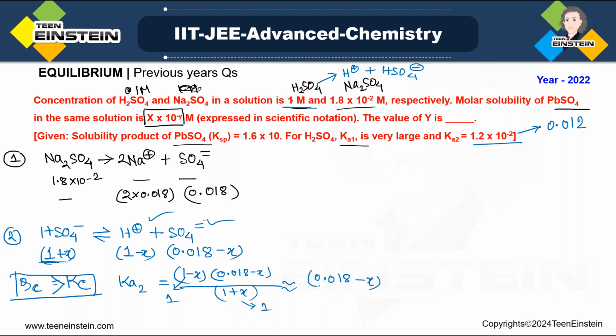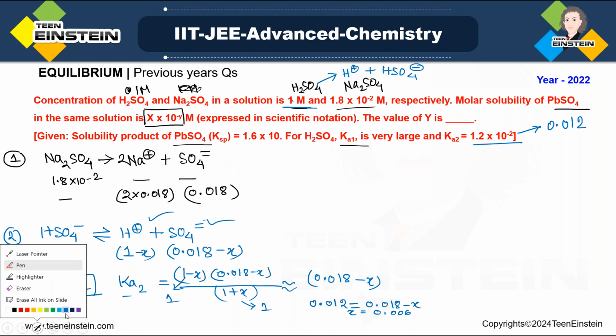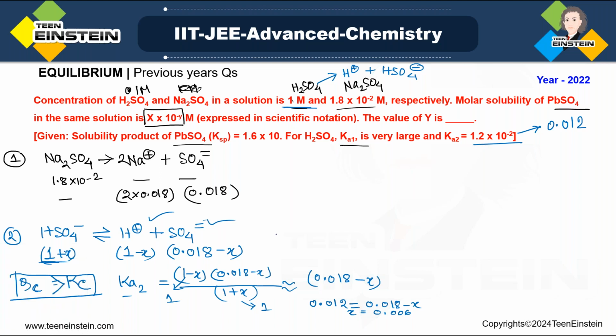So ultimately the expression for Ka2 will be 0.018 minus X. But what is the value of Ka2? 0.012, and that is equal to 0.018 minus X. So X is basically 0.006. So up to this point it is clear. This is our second part.